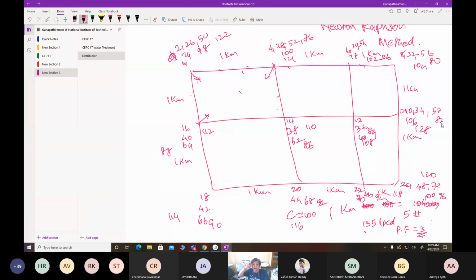So these row numbers will have the input at these respective nodes.